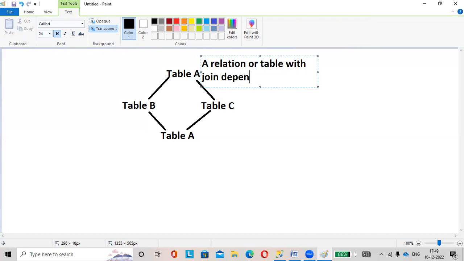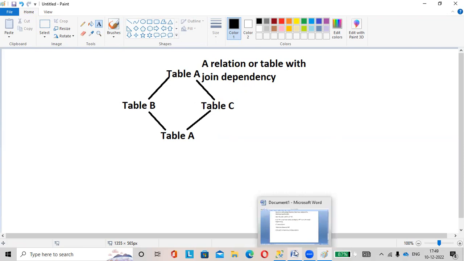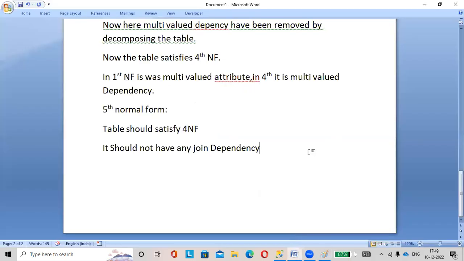Is it clear, ma'am? What does fifth normal form state? If we are decomposing a table into two parts, again, if we join them, we need to get the same table information. We should not delete any rows. We should not add any rows. Rows are also known as records or tuples.